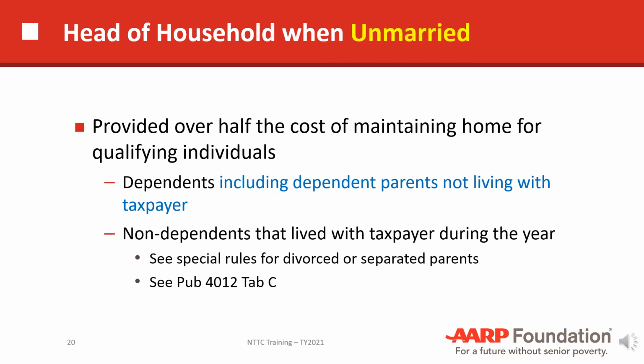Non-dependents that lived with the taxpayer during the year. So you may have other people that are not dependents. They're called qualifying relatives, and we'll get into that when we talk about dependency. But non-dependents that lived with the taxpayer during the year, but it has to be at least 6 months during the year. And you can also look this up on publication 4012 Volunteer Resource Guide, tab C.